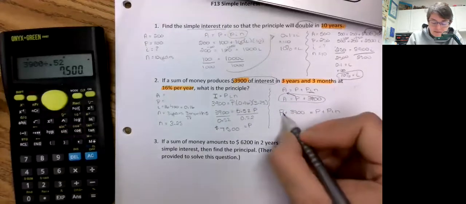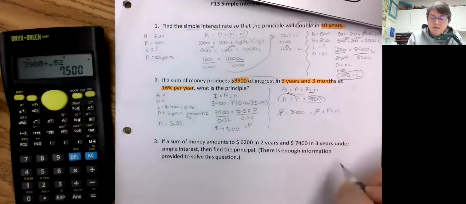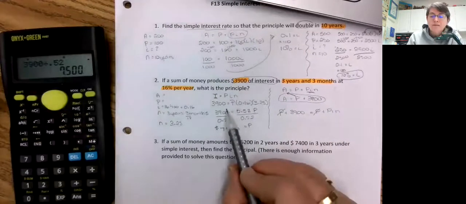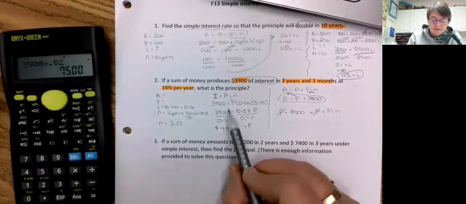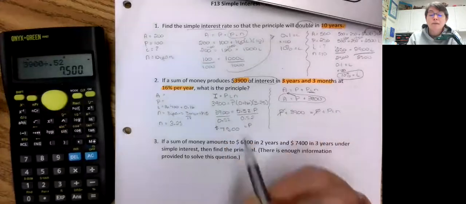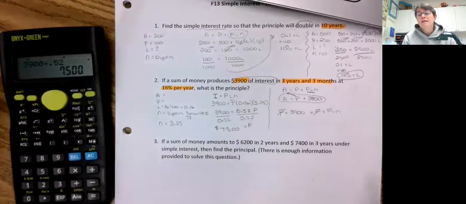Now if I look at that, I can cross these off because I'm going to subtract one P from both sides. And then essentially we have this formula over here. So I don't know that I really gained anything and I made it more complicated. So I guess it's important for you to know that part, that the PIN is the interest earned. I'll leave that question.